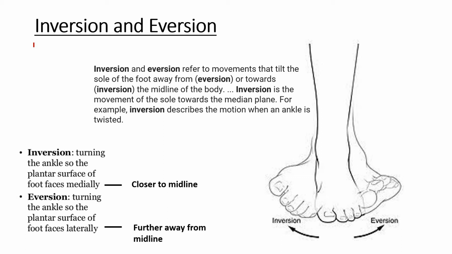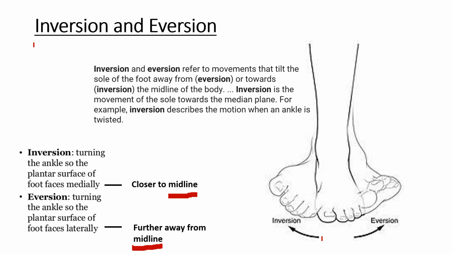All right, inversion and eversion. Inversion and eversion refer to the movement that tilts the sole of the foot either towards or away. So again, still keep in mind midline, midline, midline. So inversion is simply turning the ankle so that the plantar surface of the foot faces medially. Medially simply means closer to the midline.